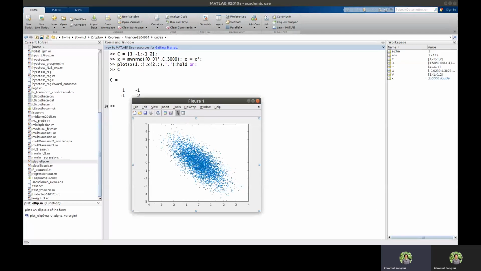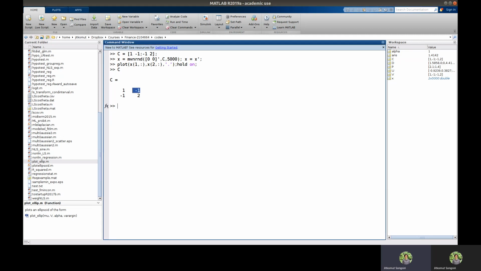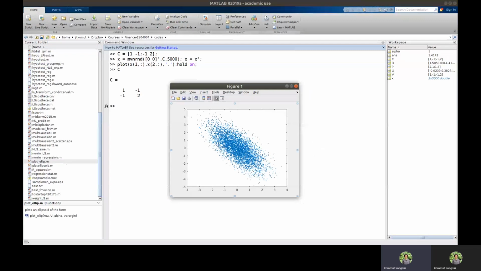The covariance matrix C is 1, minus 1, minus 1, and 2. Variance of X1 is 1. Variance of X2 is 2. X1 and X2 are correlated with the minus sign.